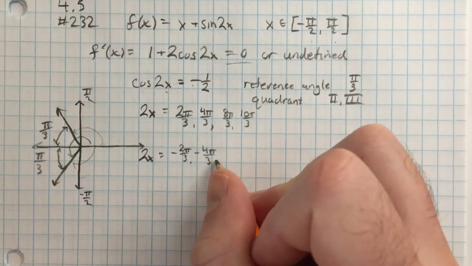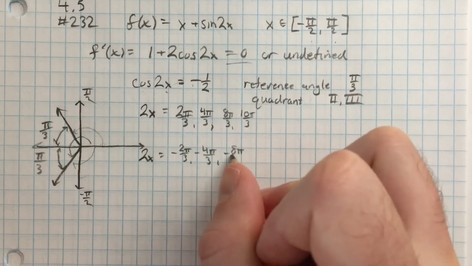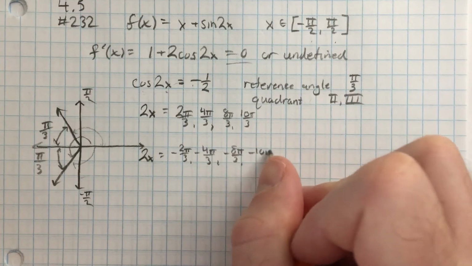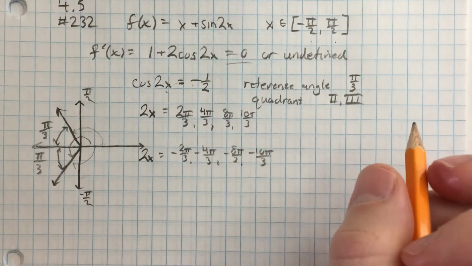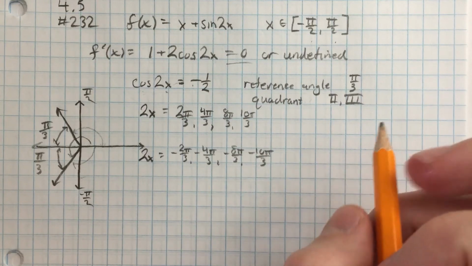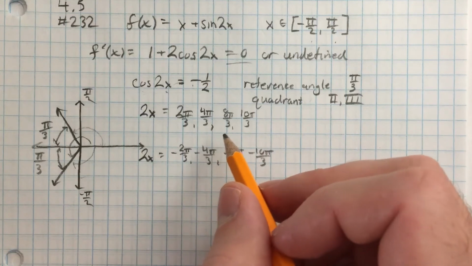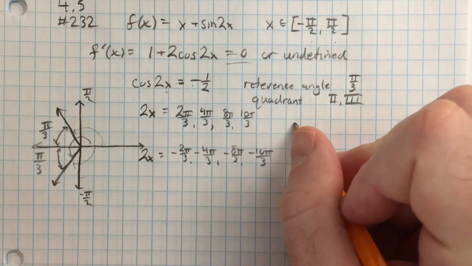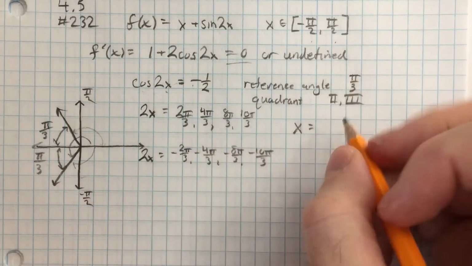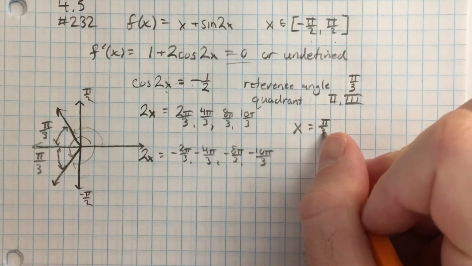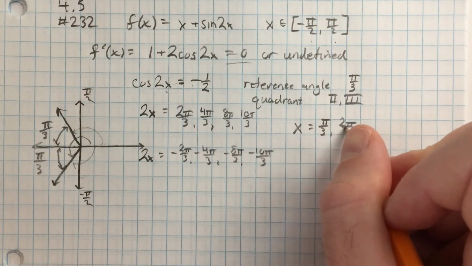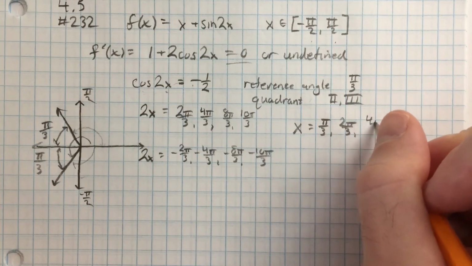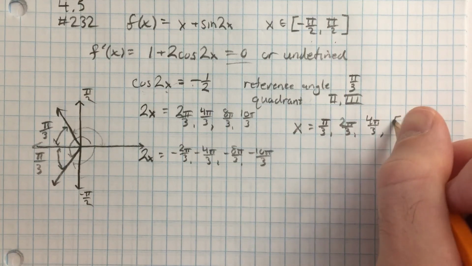So negative 4 pi on 3, negative 8 pi on 3, negative 10 pi on 3, and so forth. Now we'll just divide by 2 to get the actual x values. So x equals pi on 3, 2 pi on 3, 4 pi on 3, and 5 pi on 3.